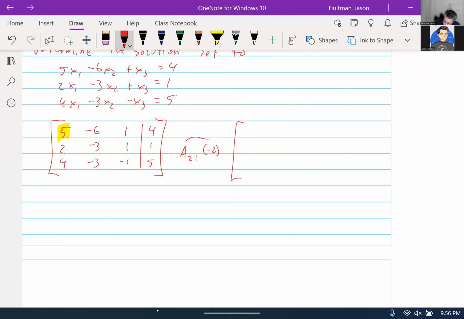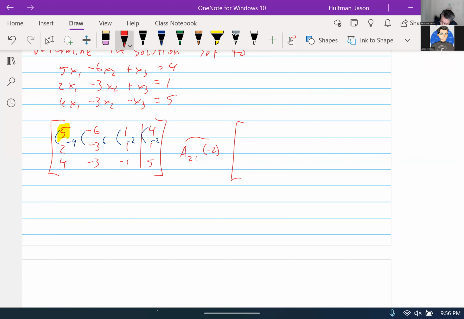multiplying row 2 by -2, I will get -4. This is going to become 6. This is going to become -2 and then -2. Okay. So I'm going to end up with adding these two rows together.